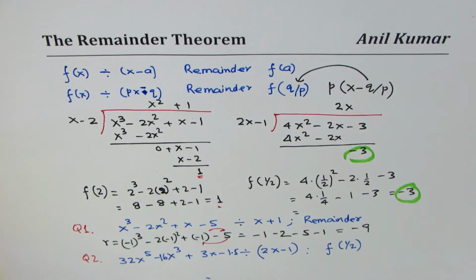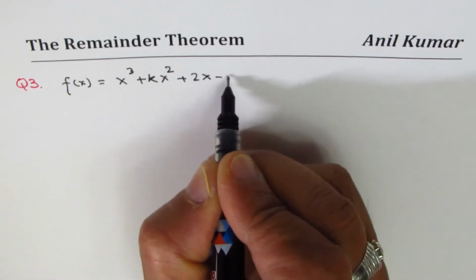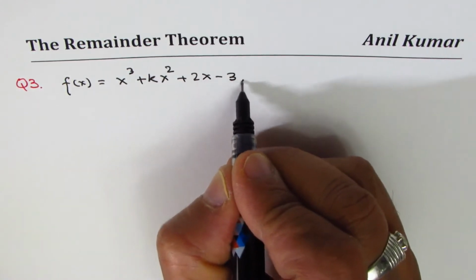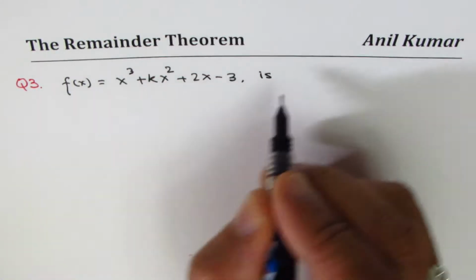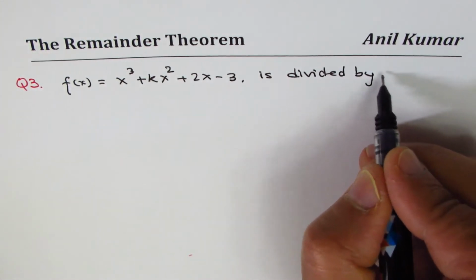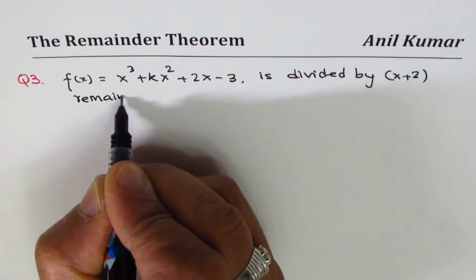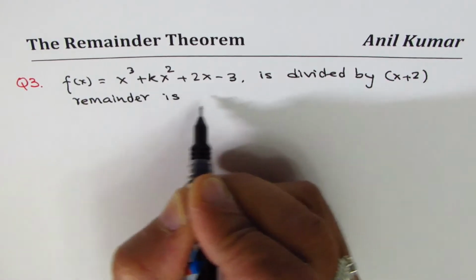So let's continue from here and do some application questions based on remainder theorem. This is a very popular question which I am taking now. Let us say that we are given a function f of x which is equal to x cubed plus kx squared plus 2x minus 3, and when f of x is divided by, let's say x plus 2, then remainder is 1.